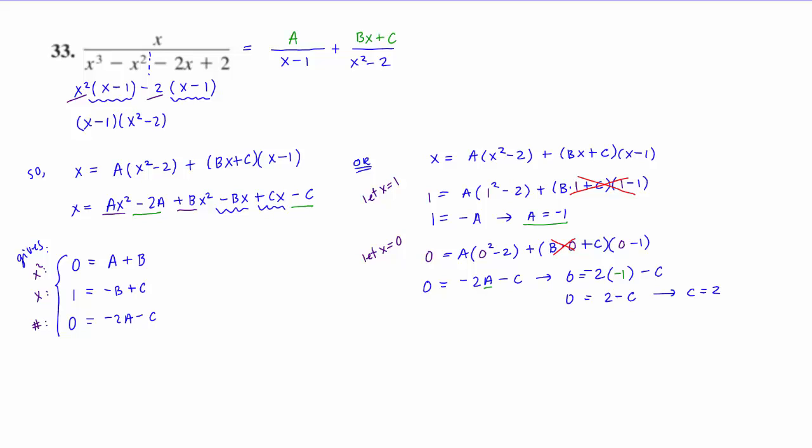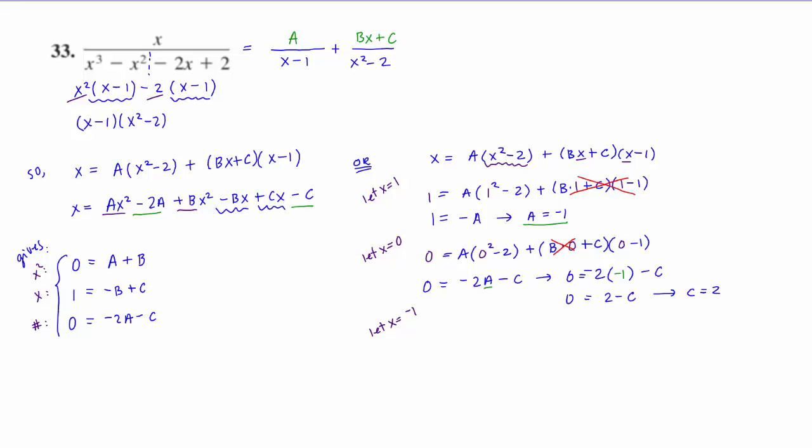We need to still find b, so we want to pick another convenient value for x and substitute the other values in. We've used 1 and 0. I would rather not use the square root of 2, which would get rid of that factor. You could, but then you'd have square root 2 here and here. So instead, let's choose to let x equal negative 1, or if you don't like negative numbers, you could use positive 2 or something.